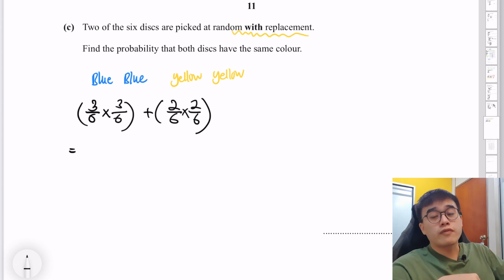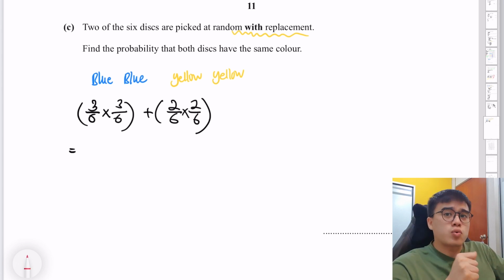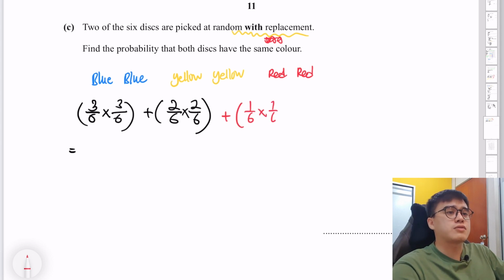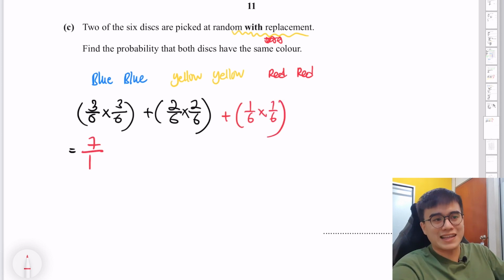Okay, so if you stop here, you fall for the trap set by the question because they specifically mentioned that this time around, after you draw, it will be replaced. So red will also be taken into the picture. So we can actually add 1/6 times 1/6 and you'll get your final results as 7/18.